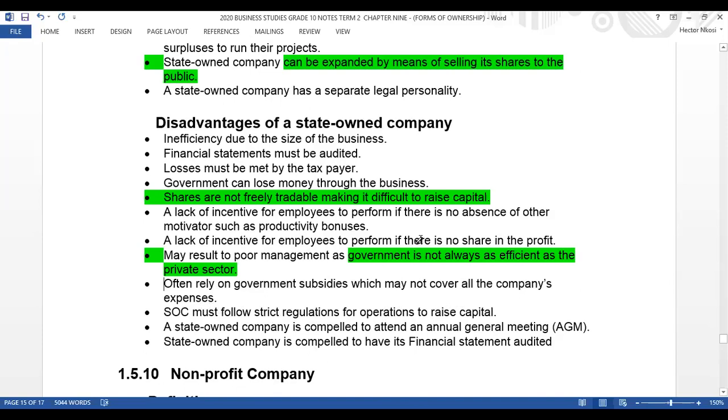Also, the bad thing about the state-owned company is that it's compelled to have its financial statements audited. That can be seen as a disadvantage because, as I said to you, the more your financial statements are audited, the more expense you incur because you have to pay your auditors' fees and stuff like that. Now, our main focus for today, I was just recapping from Friday.